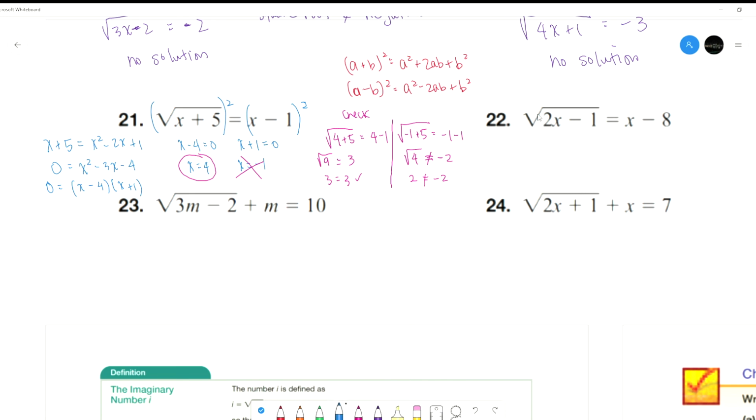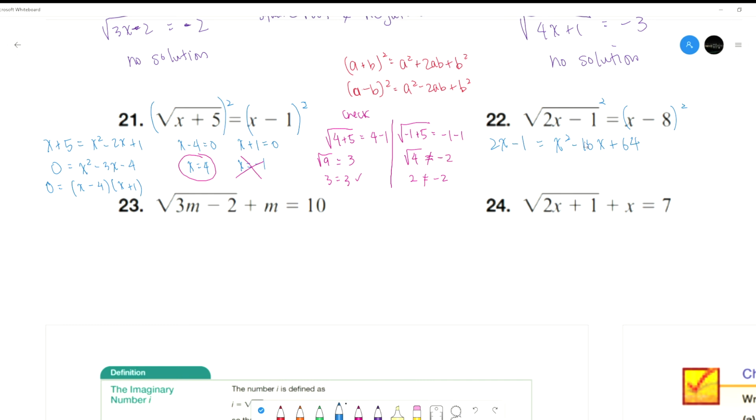So we have the square root of 2x minus 1 is equal to x minus 8. So I'm going to go ahead and square both sides. On the left-hand side, we have 2x minus 1 is equal to, we follow our binomial squared formula, x squared minus 16x plus 64.